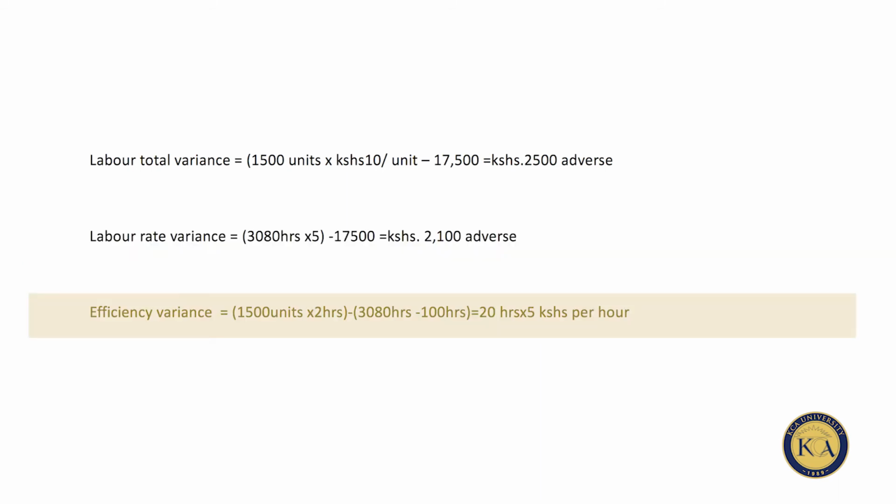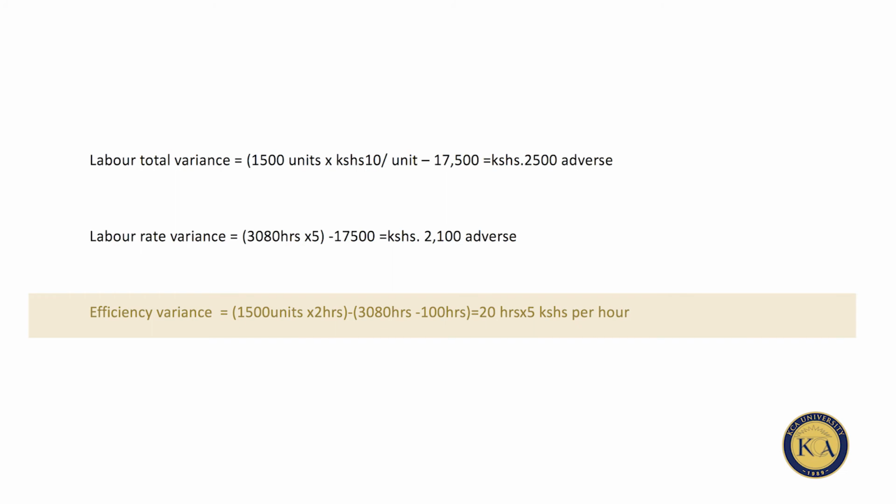Next, it should be the efficiency variance. We want to see when we produce these 1,500 units, were we efficient or not, in terms of the consumption of hours. The 1,500 units should have used 2 hours each, that is 3,000 hours. But in terms of active hours, we spent 2,980 hours, because out of the 3,080 hours, 100 were recorded as idle time, and therefore the actively used hours were 2,980.